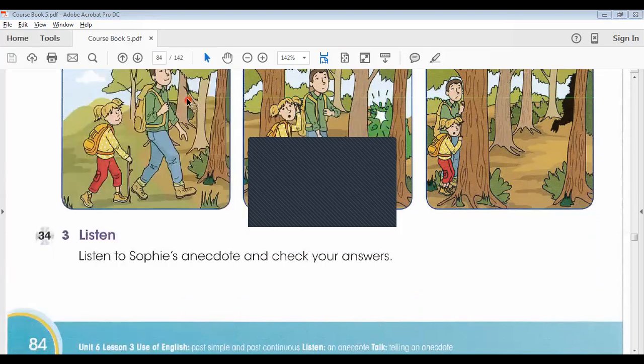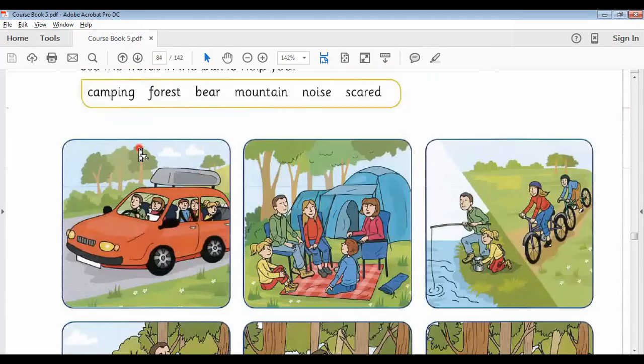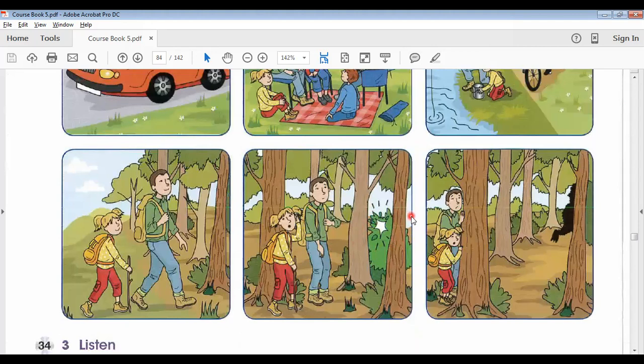Track 34. When I was 7, I went camping with my family. We drove from Florida to Georgia and went camping in the Blue Ridge Range in Georgia. There were lots of great things to do. We went hiking, fishing, and mountain biking. One day, I was walking in the mountains with my dad when we heard a strange noise in the trees. We thought it was an animal.